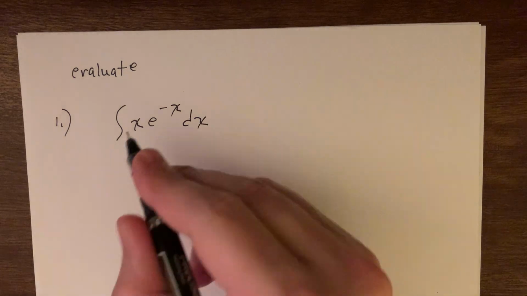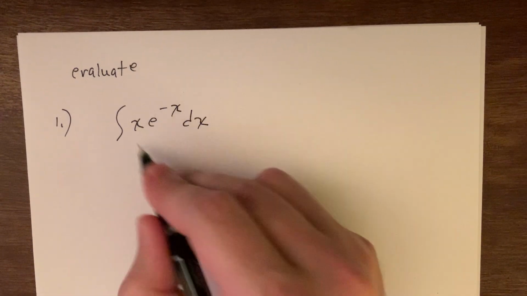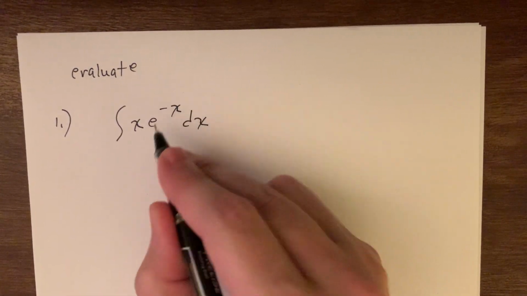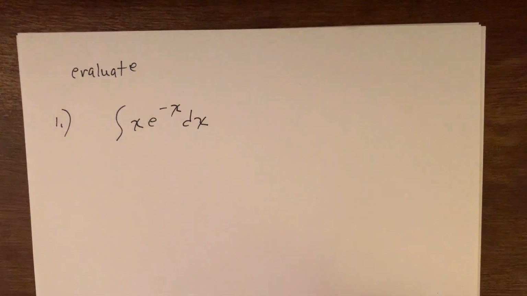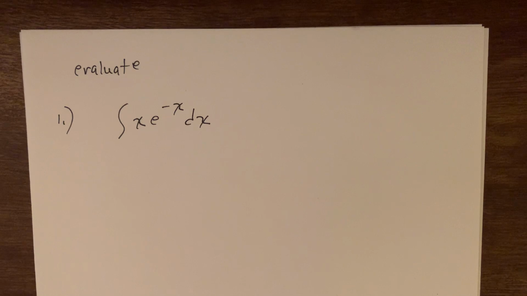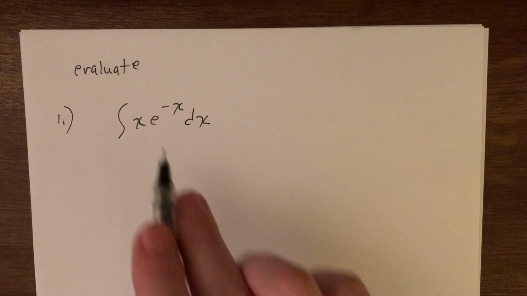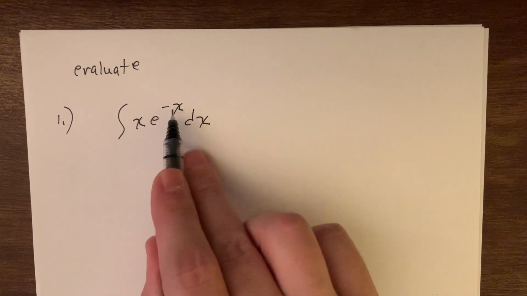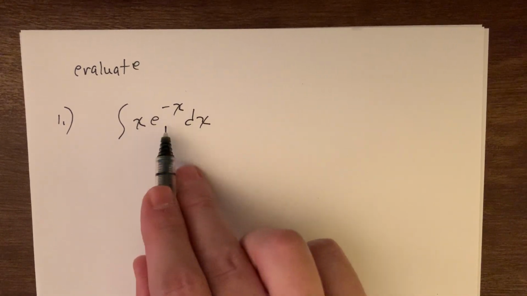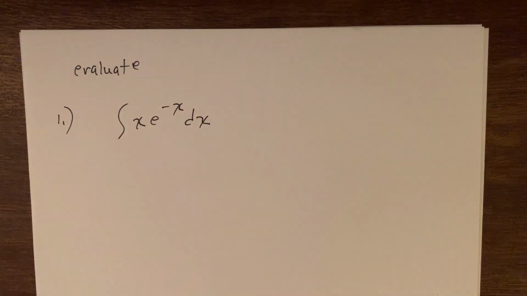If you just do an x squared over 2 and then play a little game here, because this is so close to an e to the u, and you get an x squared over 2 times an e to the minus x, again, garbage, everybody. That's just like if you take a derivative here and just say the derivative is 1 times e to the minus x times a minus 1. You would need product rule for that derivative. Ignoring the product situation is a terrible, terrible habit to have at this point.